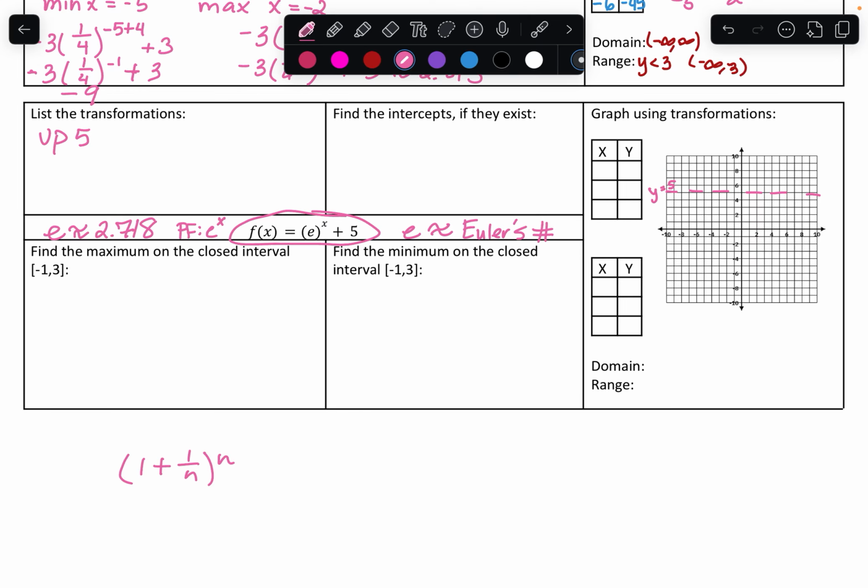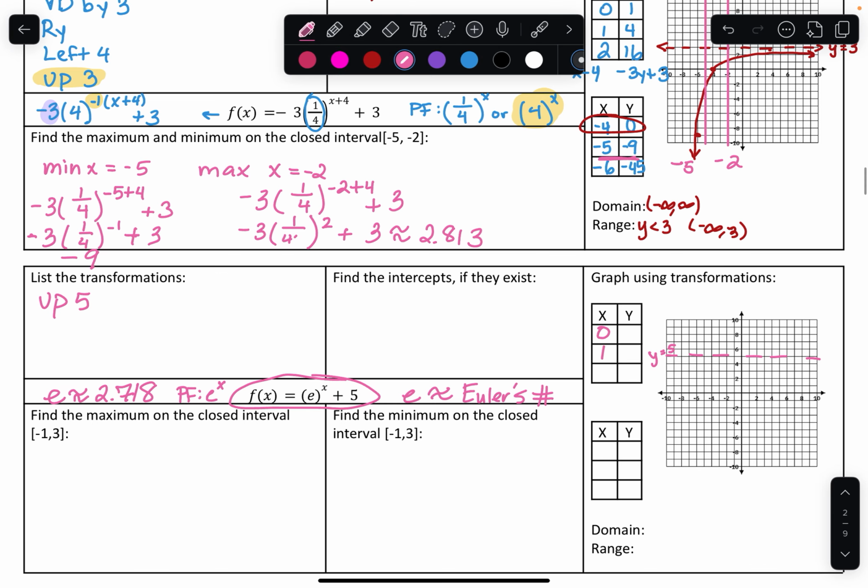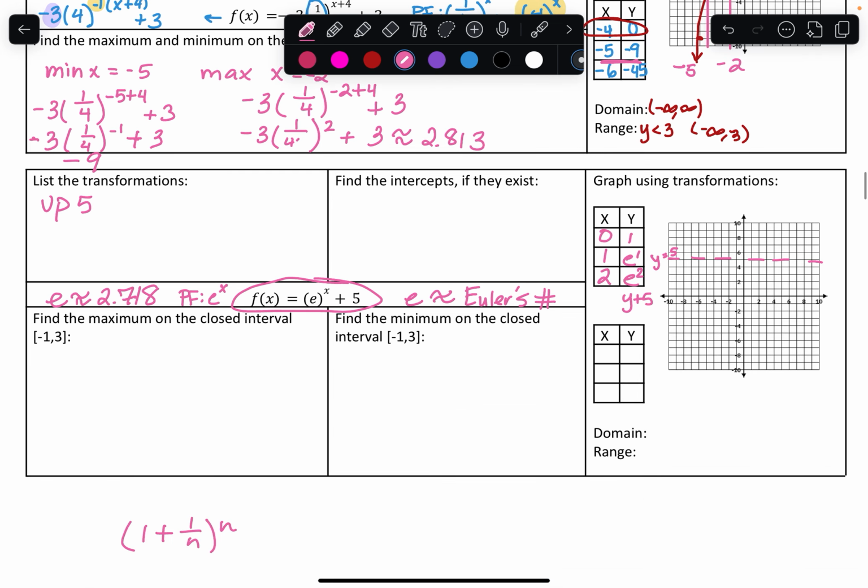Okay, now, when we fill out our table, I like to plug in 0, 1, and 2. If I plug in 0, I always get 1. This has become e to the first power, and then this becomes e squared. Applying our transformations, the only thing that's going to change is we're going to add 5 to each of these values.